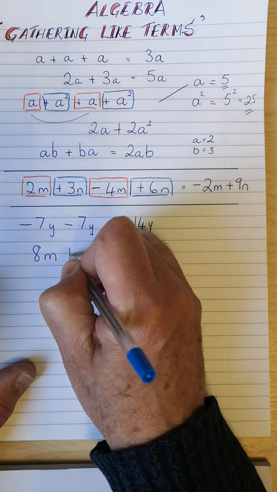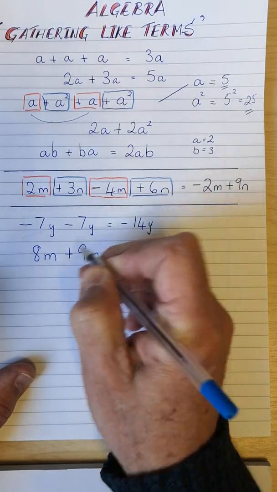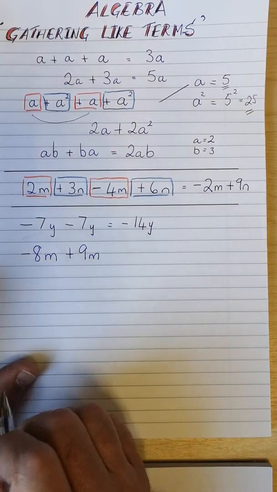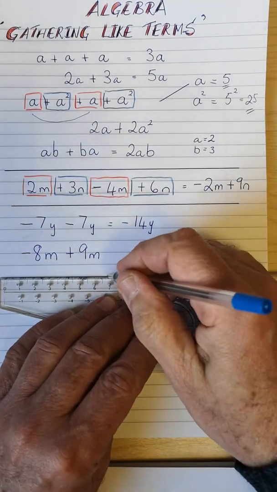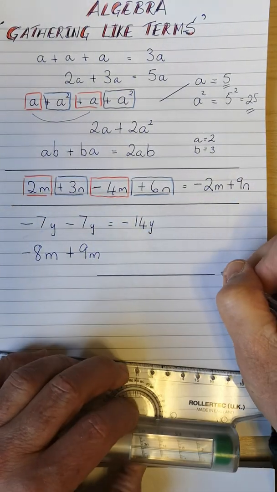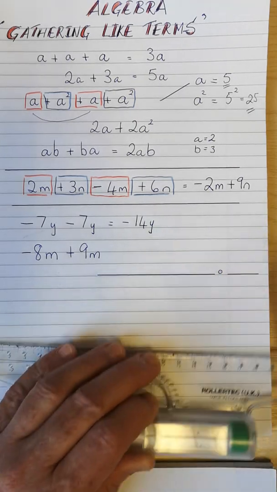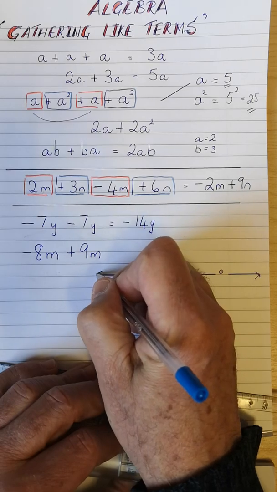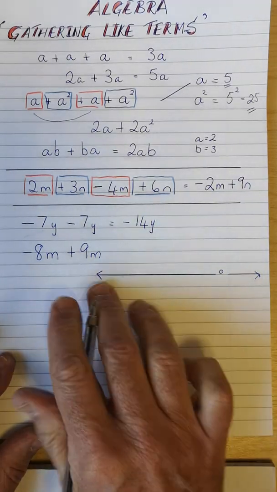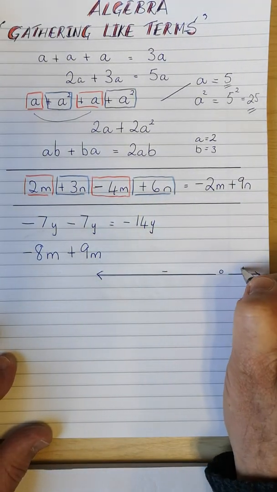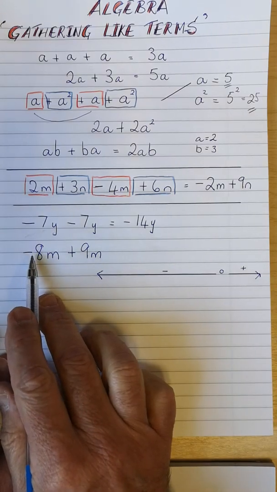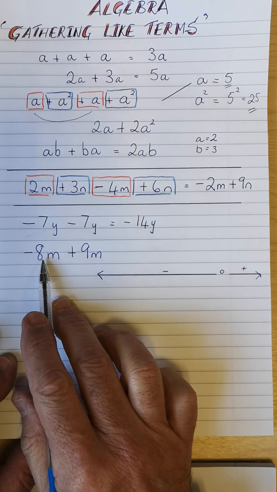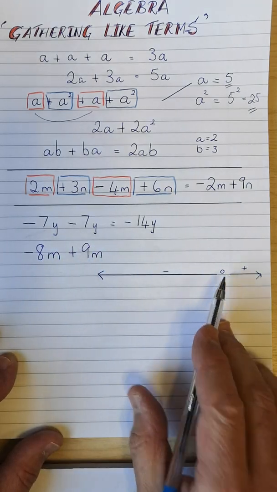Okay, let's go. Minus 8m plus 9m. Okay, so I start in the negatives, remembering when we have our number line, we start with 0 there, and we have all the positive numbers that side of the 0, and all the negative numbers that side. So now there I've started in the negatives. I get given 9, so I'm surely up 1.